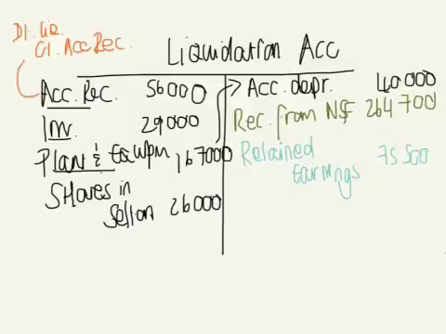Okay, we can then balance this account. 40,000 plus 264,700 plus 7,500 gives us a total of 380,200.